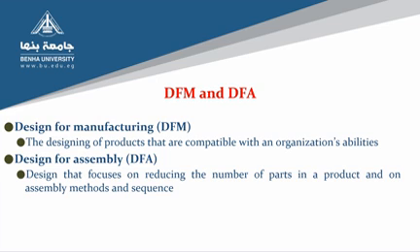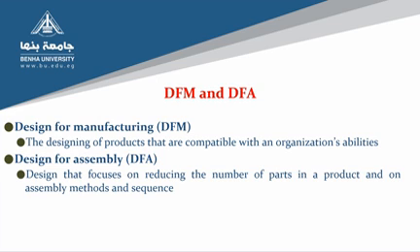The term design for manufacturing is used to indicate the designing of products that are compatible with an organization's capabilities. Also, a related concept in manufacturing is design for assembly.